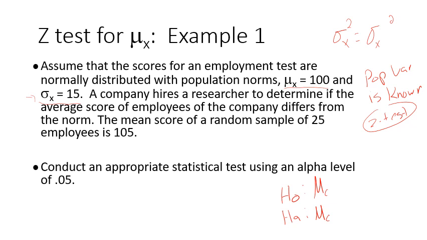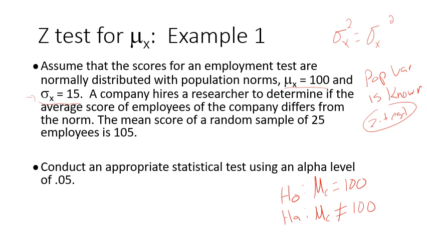The researcher needs to determine if the average score of employees at the company differs from the norm. So that means it's non-directional. We're not saying greater than or less than. So the alternate is not equal to the population norm, which is 100. Therefore, the null is equal to 100.